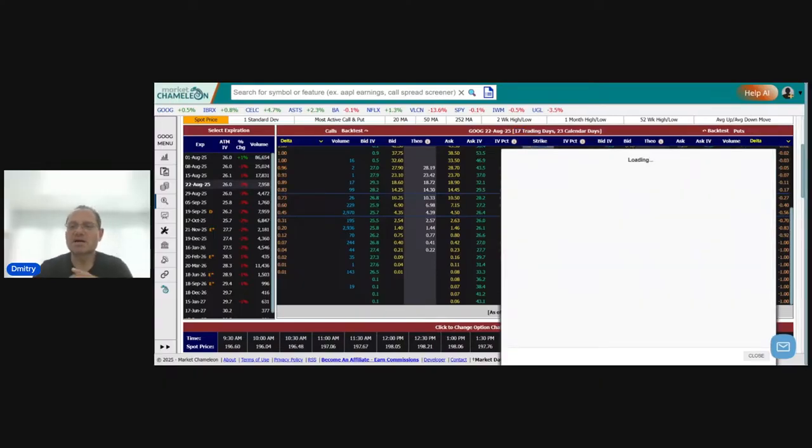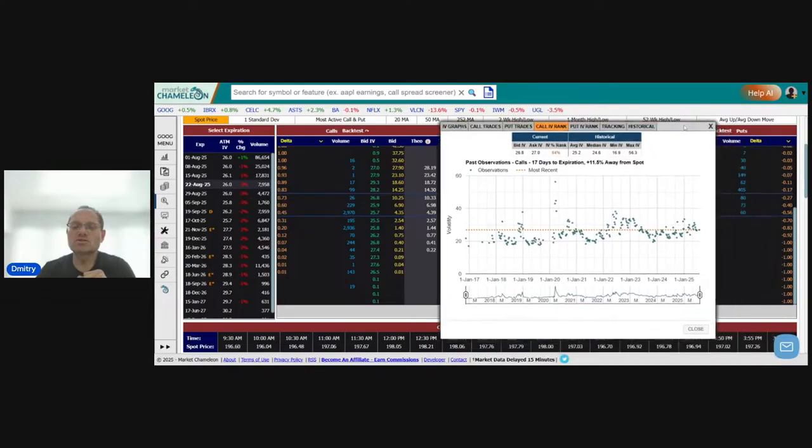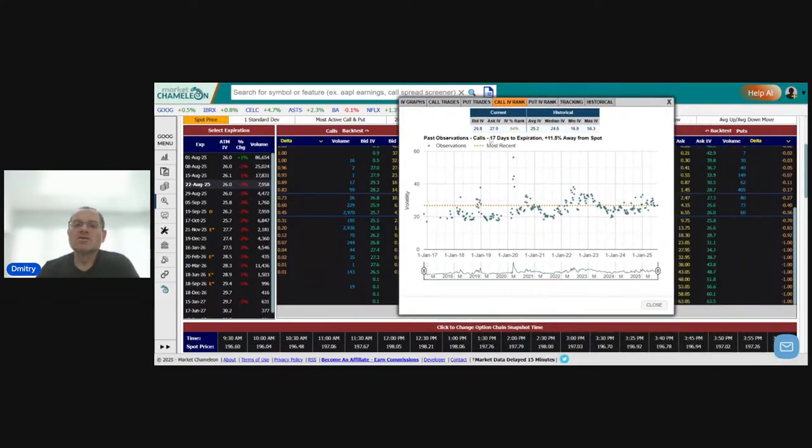It's going to pop up the IV percent. And here is what it's doing. It's saying, okay, what we're looking at is a call with 17 days to expiration, and the strike price is 11.5% away from spot. So it's trying to compare this to a similar situation.